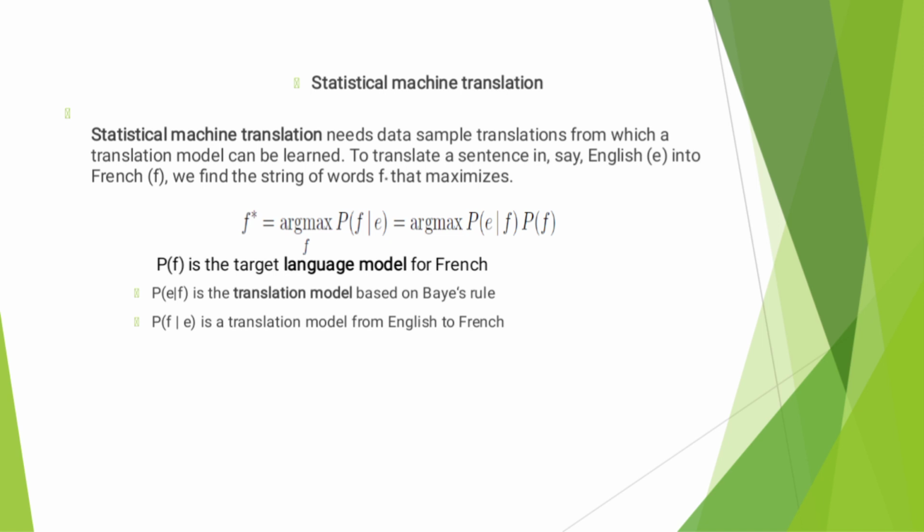To translate a sentence in, say, English E to French F, we find the string of words F that maximizes the following formula: F star equals arg max over F of P(F|E), which equals arg max of P(E|F) times P(F). Here P(F) is the target language model for French. Then P(E|F) is the translation model based on Bayes rule. Then P(F|E) is a translation model from English to French.